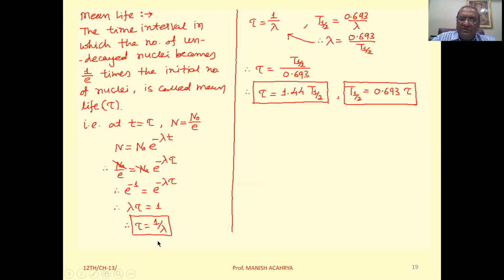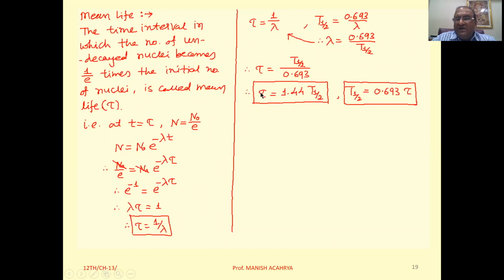Very simple equation. Now when tau is 1 upon lambda, and half-life t1 by 2 is 0.693 upon lambda, so here we can write lambda, that is 0.693 upon t1 by 2. Substitute this particular value of lambda here. So we can write tau, that is equal to t1 by 2 upon 0.693. 1 upon 0.693, that will be 1.44.